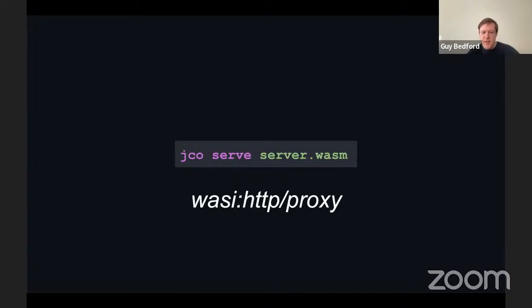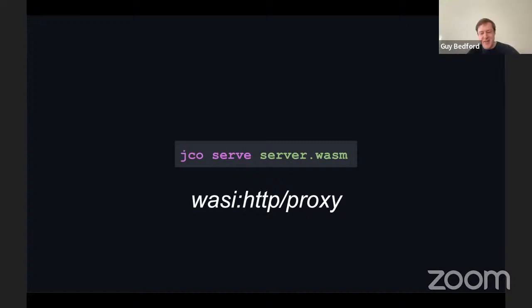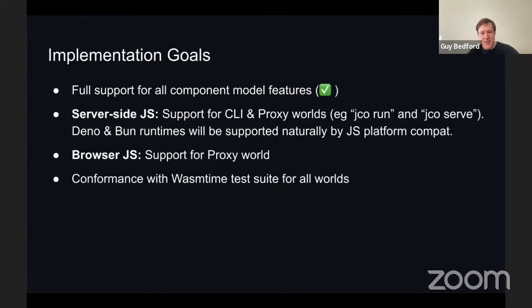And when you're running these Jcur runs and Jcur serves, it's a JavaScript implementation, so it's fully virtualizing. You're basically implementing the component model on top of Node on top of POSIX. It's almost like implementing POSIX on top of Node on top of POSIX. It's a double virtualization. But at the end of this, I'll go through the low-level bindgen plans if that's useful.